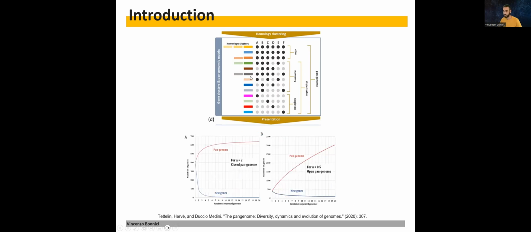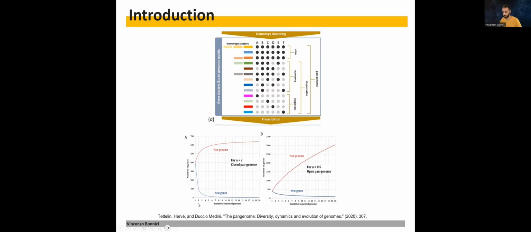What we can also study by means of this information is the closure of a pangenome. We can say that a pangenome is closed when we know enough information about it. That means that if we add another genome to our analysis, the number of new gene families that we discover by adding this new genome is relatively low.